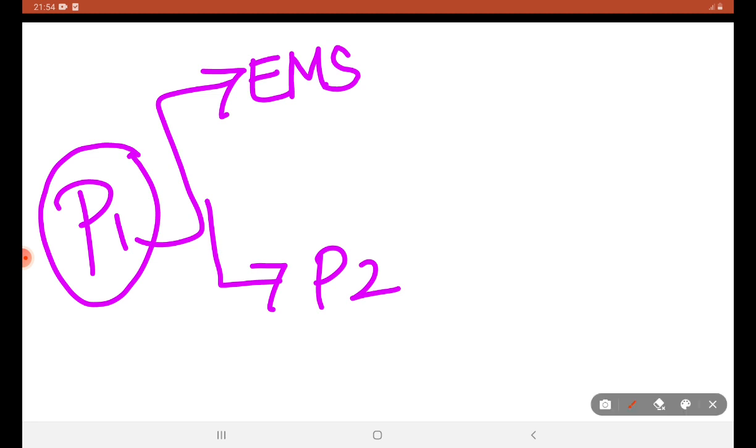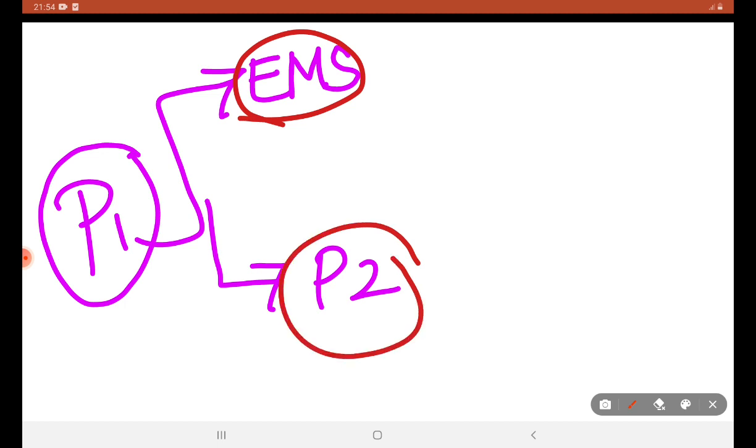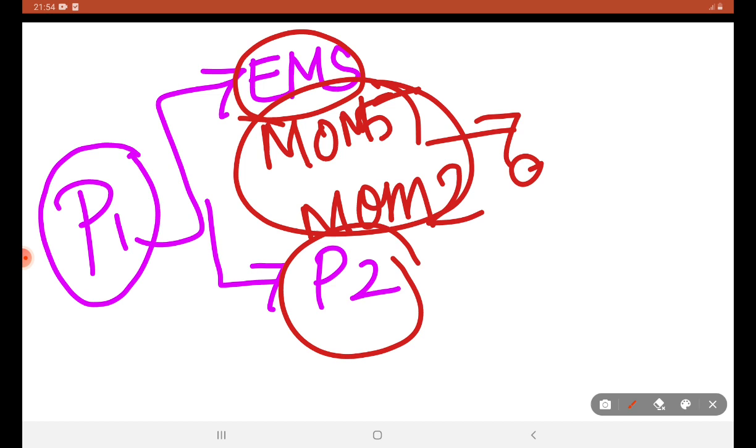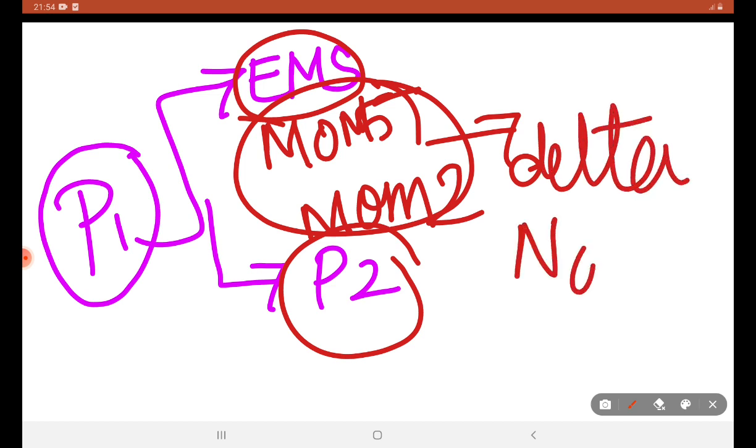Now we are going to see about delta notch pathway here. These two have a signaling system. EMS has MOM 5 and P2 has MOM 2. They are involved in the delta notch signaling system.